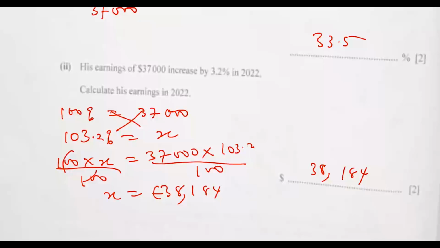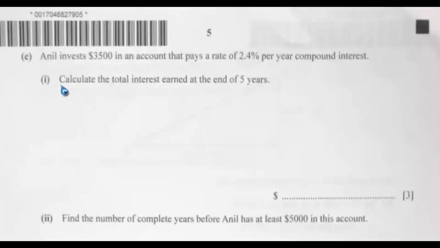That will be C Roman figure 1. So Anil invests $3,500 in an account that pays a rate of 2.4% per year compound interest. Calculate the total interest earned at the end of 5 years. So here we have the principal equal to $3,500.